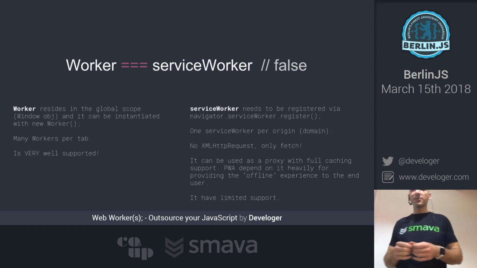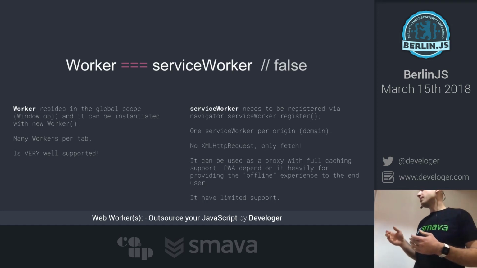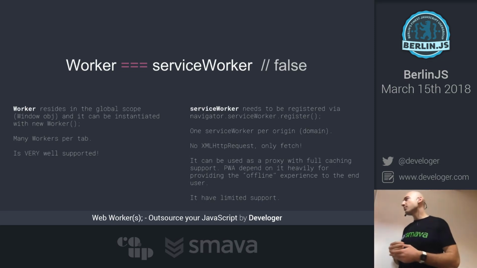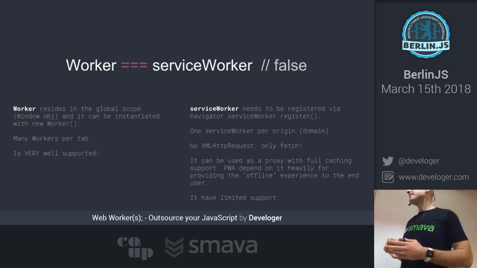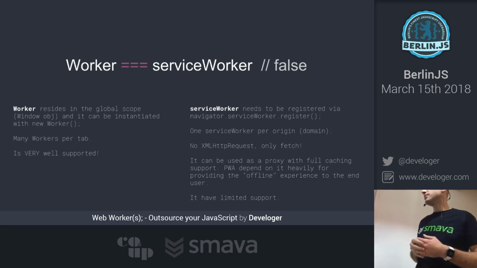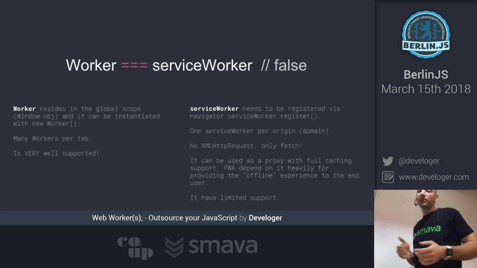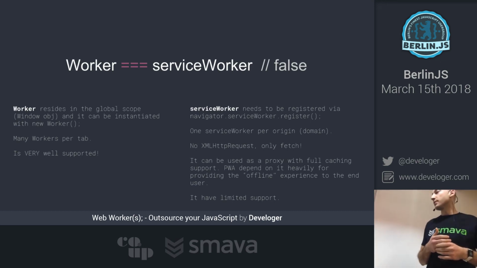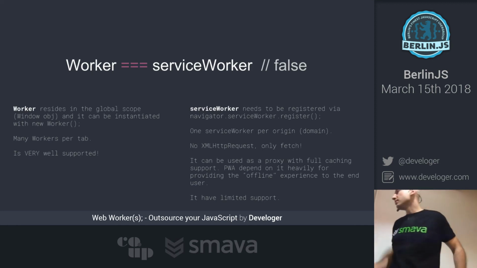And service workers need to be registered. I mean, one service worker needs to be registered via navigator.serviceWorker.register. And that means that you can have just one service worker per domain. And that was the whole idea. It's like having one service worker that handles all this stuff, which is more or less a proxy for your data, with heavyweight lifting in terms of caching and so on. And you cannot use the XMLHttpRequest within the service worker.